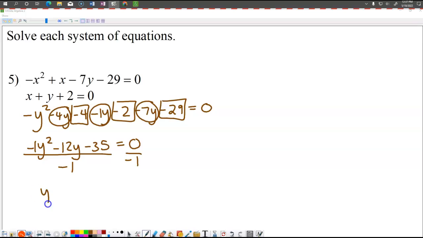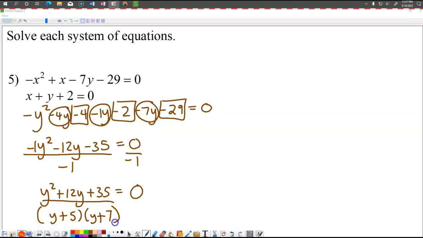On the left side, everything becomes positive that was negative. And 0 divided by -1 is still 0. So that way we've got positives, we don't have to worry about the negatives. The next thing we do is use the box method to factor this. And that would be y plus 5 times y plus 7 equals 0. And then we're going to set each one of those equal to 0 and solve.